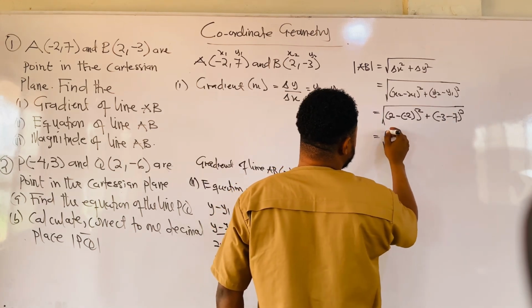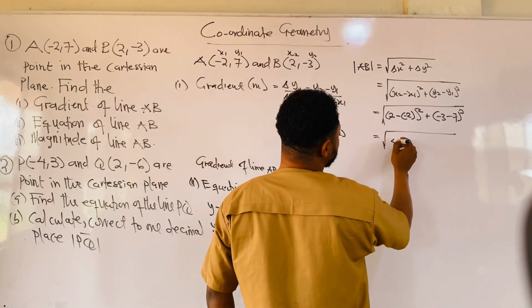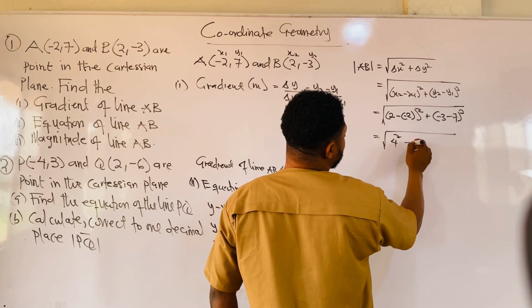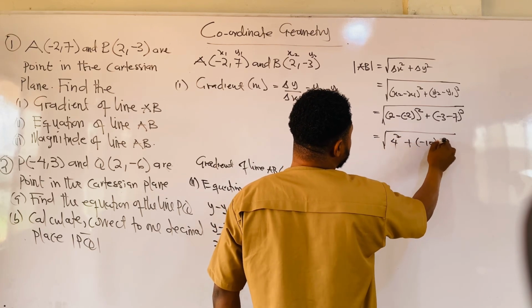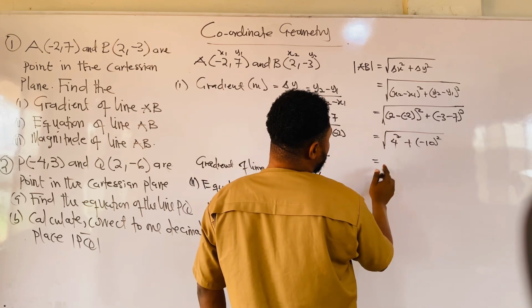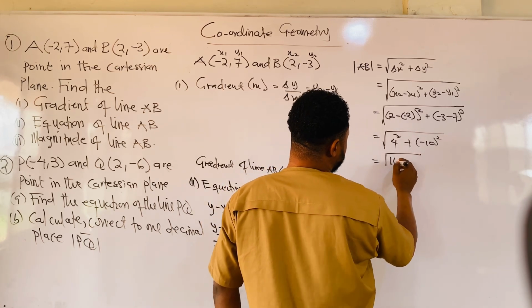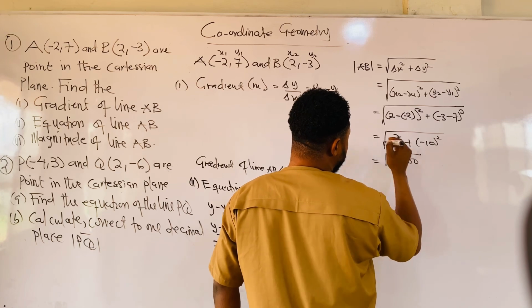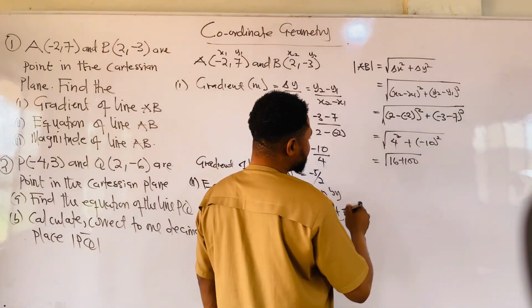So we simplify this, as we can see here, 4 squared plus minus 10 squared. Okay, and 4 squared will give us 16. So we have 16 here plus 100, as we can see.